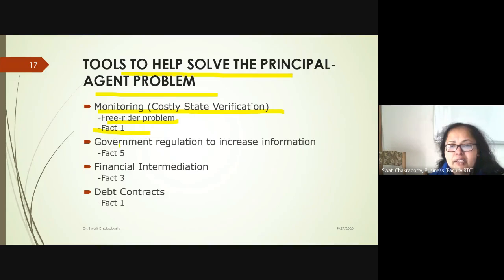Government regulation to increase information is where we talk of fact 5, that the financial system is among the most heavily regulated sectors of the economy. Financial intermediation talks of fact 3, that indirect finance is many times more important than direct finance. And we talk of debt contracts, which is again fact 1, where stocks are not the most important sources of external financing for businesses. You can go for debt contracts also.